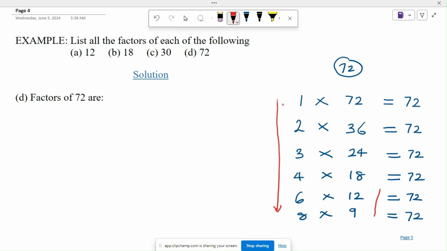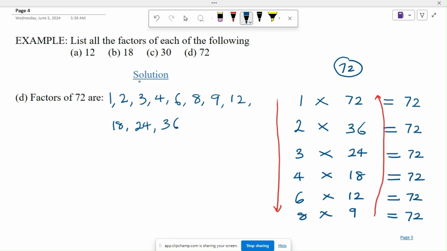Then we have them as 1, 2, 3, 4, 6, 8, 9, 12, 18, 24, 36, and 72.